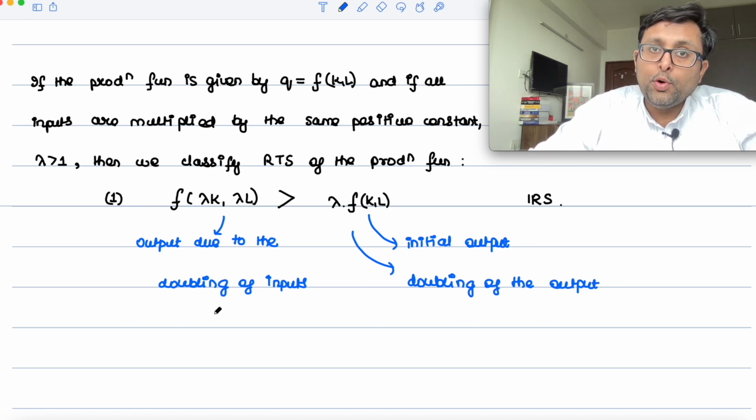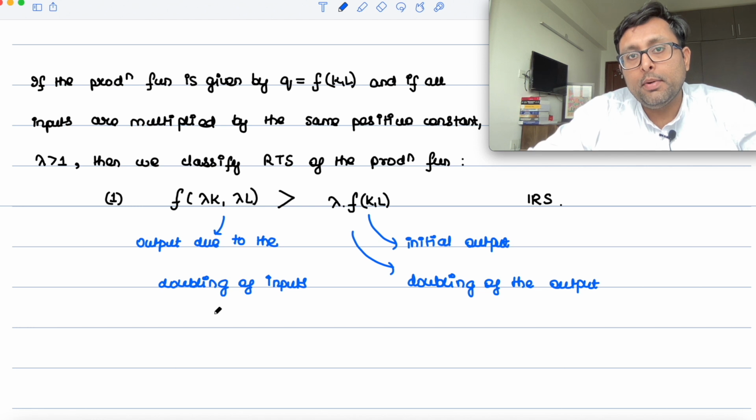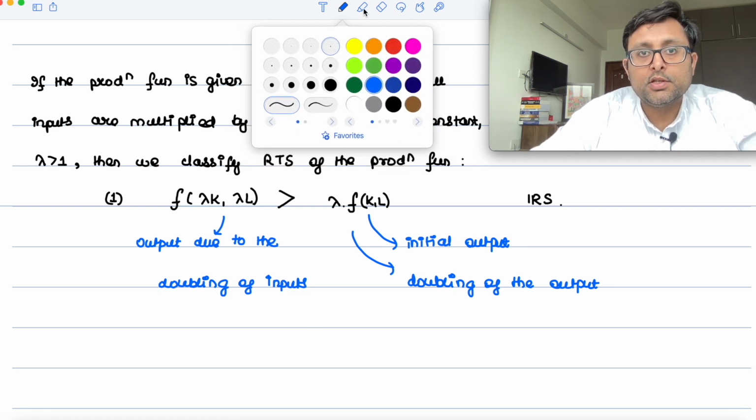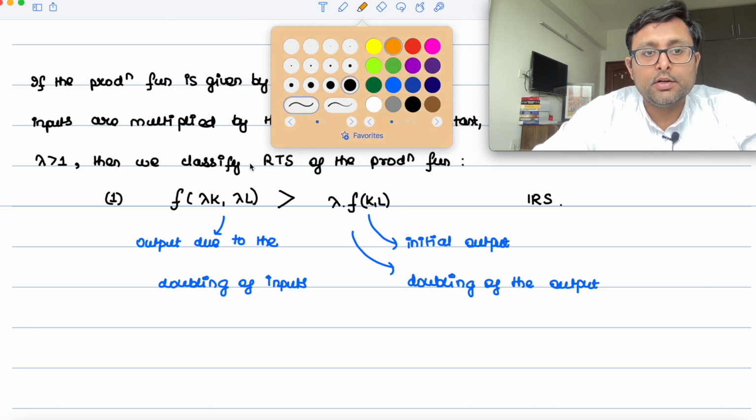So the output which you're going to get by doubling of the inputs, if it is more than doubling of the initial output, this is what is called increasing returns to scale. So you double the inputs, the output which you get is more than double the output, right? So this is what increasing returns to scale is.